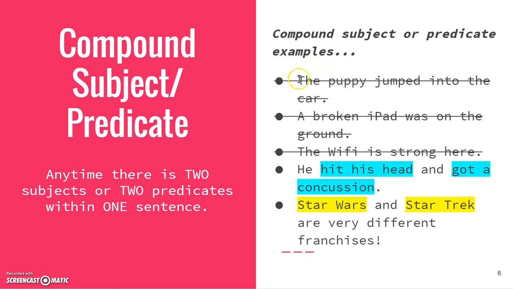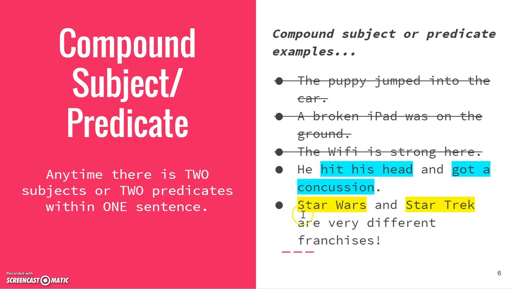They weren't compound, so we're going to ignore them for now. But if I say that one guy both hit his head and got a concussion, he did two things. Therefore, we have a compound predicate, two of them. One person doing two things in one sentence.